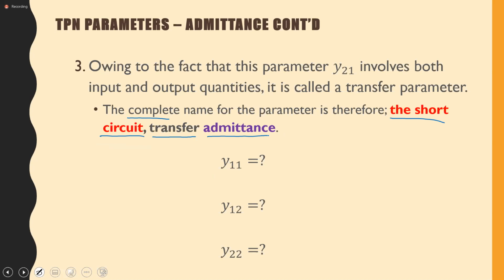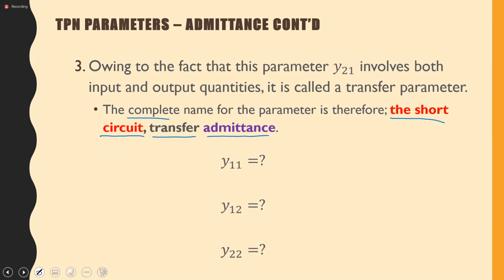So again, one, we know that we had to short circuit a port in order to get it. So the first part of the name, the short circuit. Secondly, it involved both input and output quantities, so we refer to it as transfer.